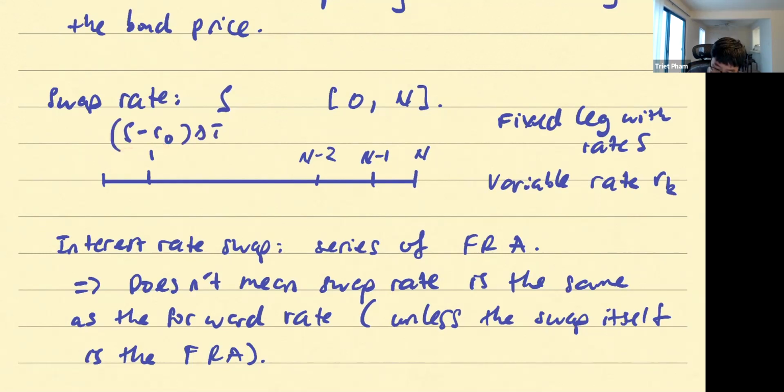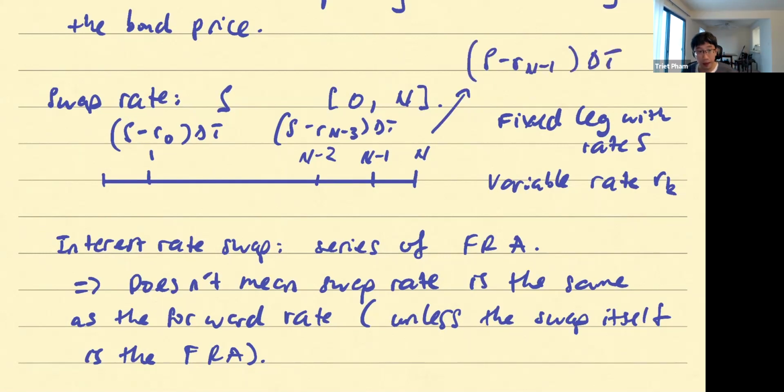And so on. At time n minus 2 you get S minus R_{n-3} times delta T. And finally at time n you get S minus R_{n-1} times delta T.